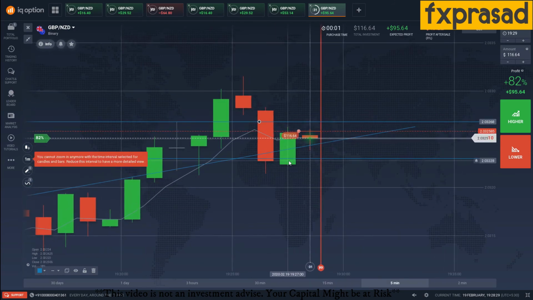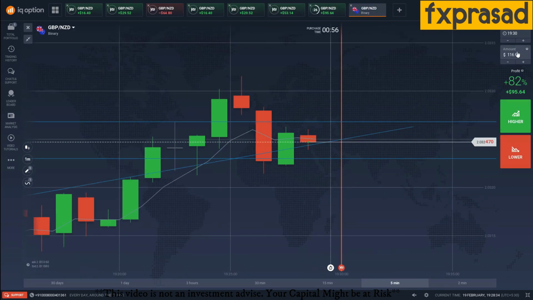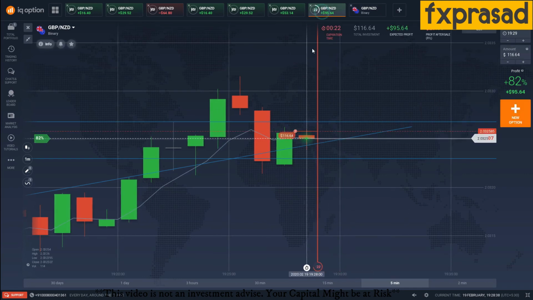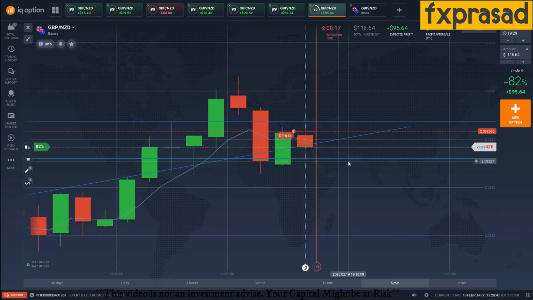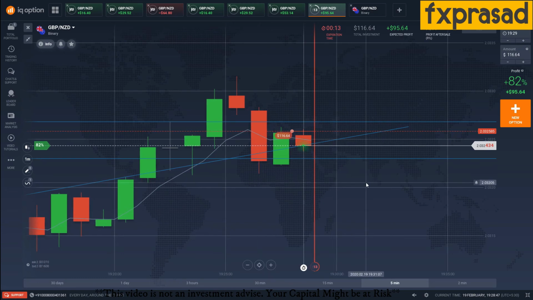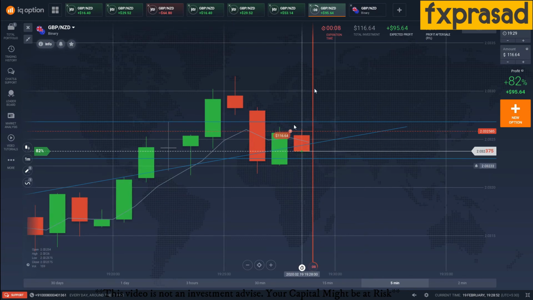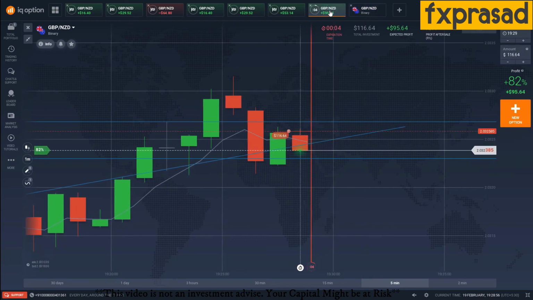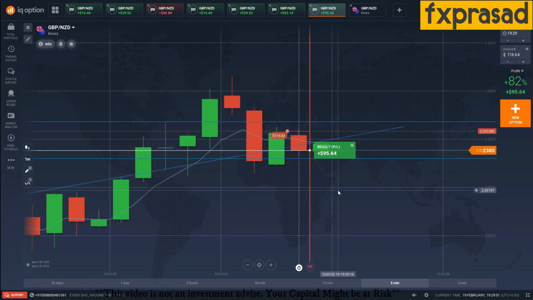Some buyers entered from this candle. This trade also.